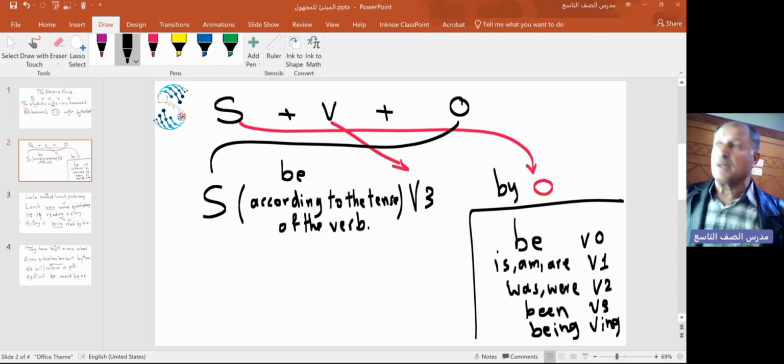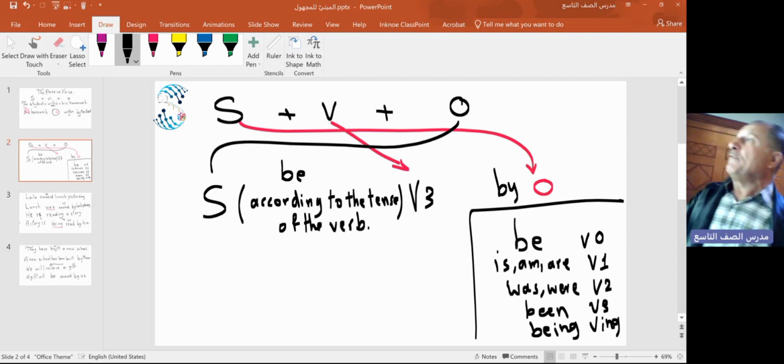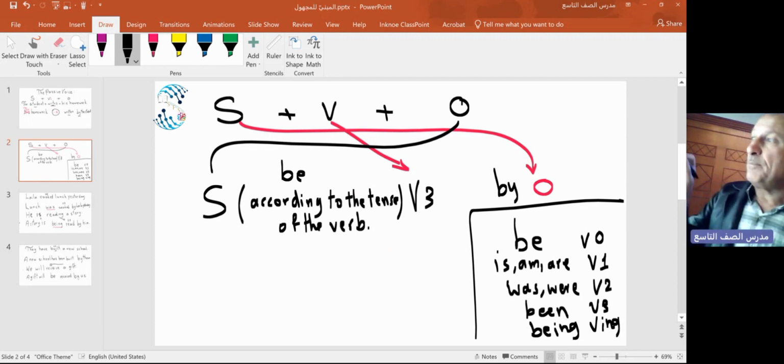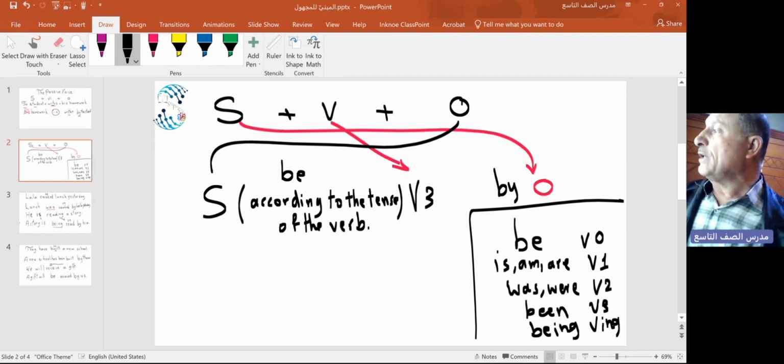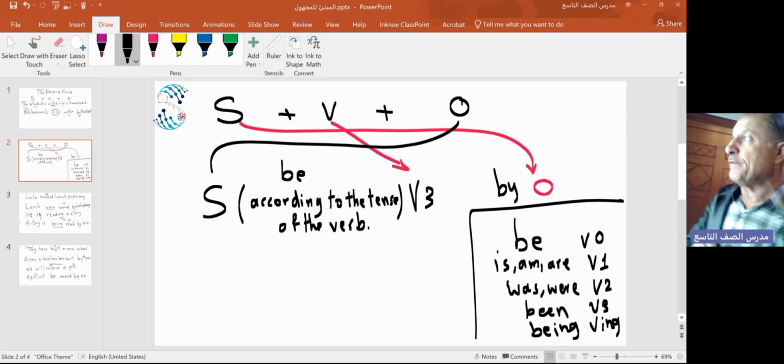So it becomes by an object. Now the verb, as I said before, in any form, we transform it to verb 3. And then we add the verb be according to the tense of the verb.